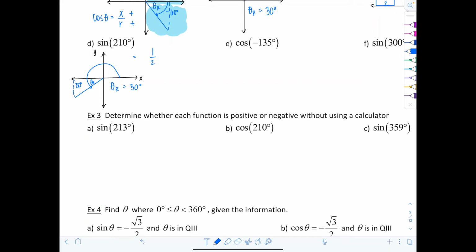But then since we are in quadrant 3, I know both x coordinates and y coordinates are negative. So that means sine is going to be negative. Remember, sine of theta equals y divided by r. R is never negative. So sine of 210 is going to be negative 1/2.